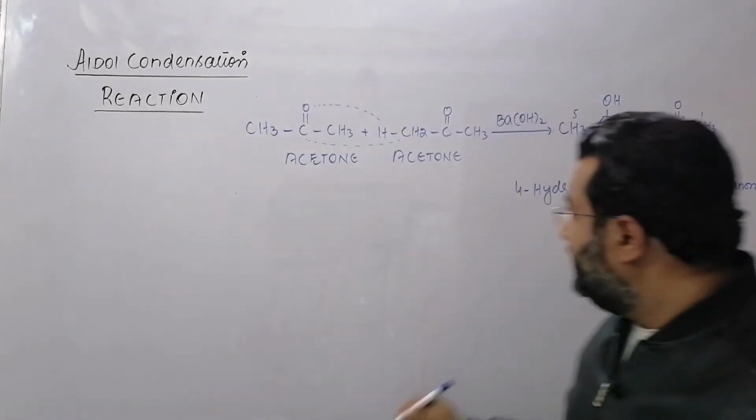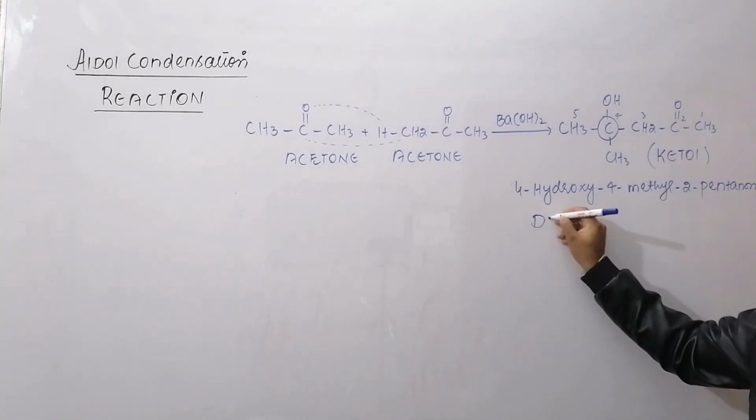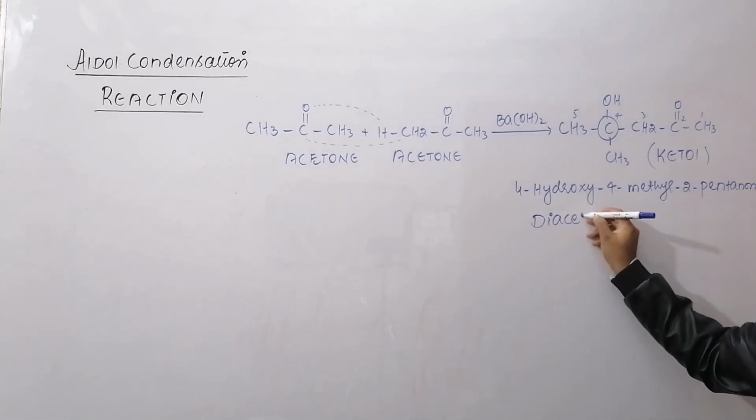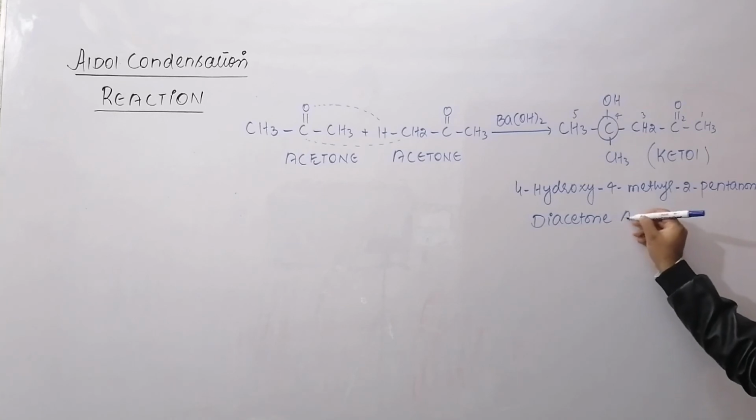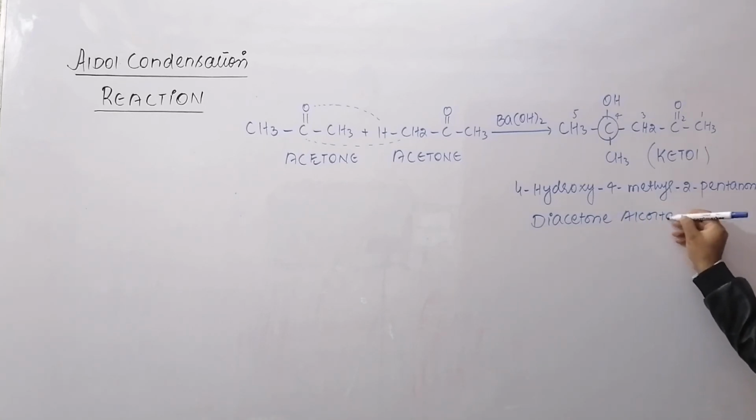Now dear student, it is also known as diacetone alcohol, because it has an alcoholic functional group and it is formed by the combination of two acetone molecules.